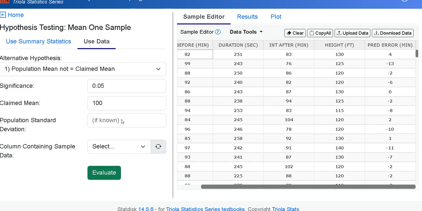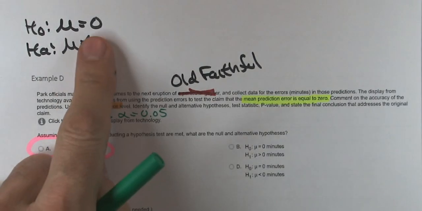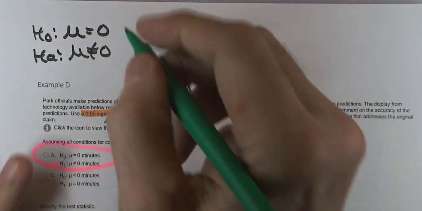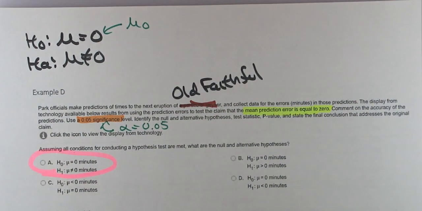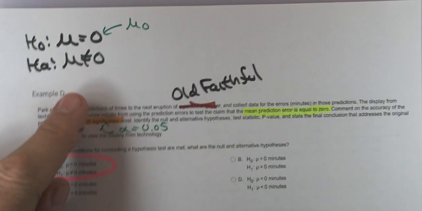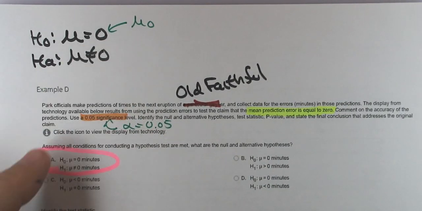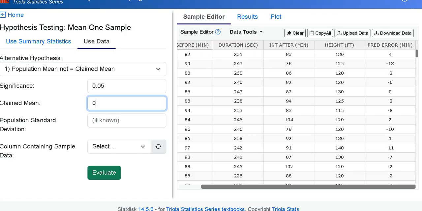Do we know, let's see, what's our claimed mean? That claimed mean is always going to come from H naught, the null hypothesis. That's your mu naught if you wanted to line this up with our handout from earlier. So there's mu naught. Claimed mean is 0. Do we know the population standard deviation?